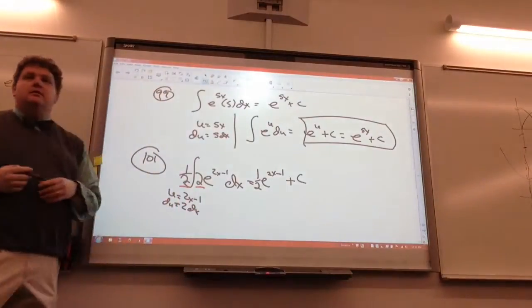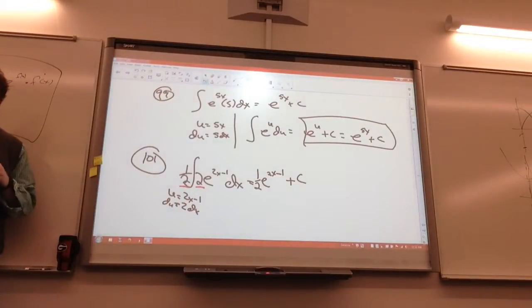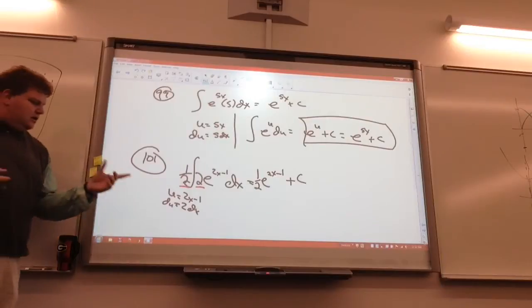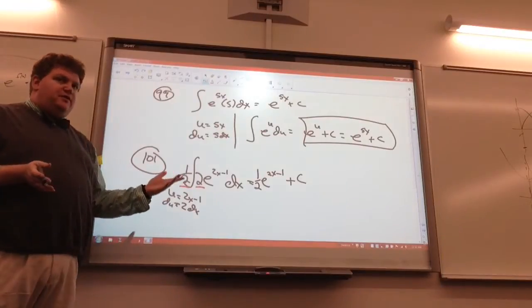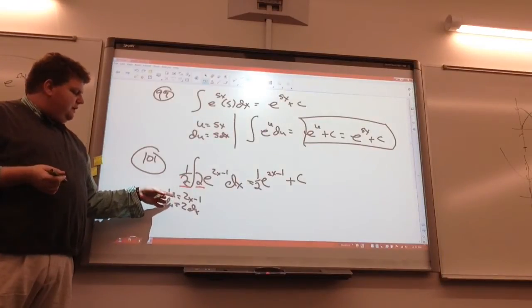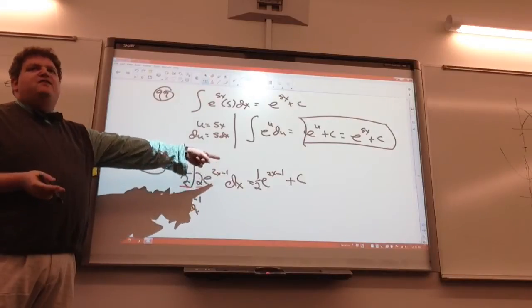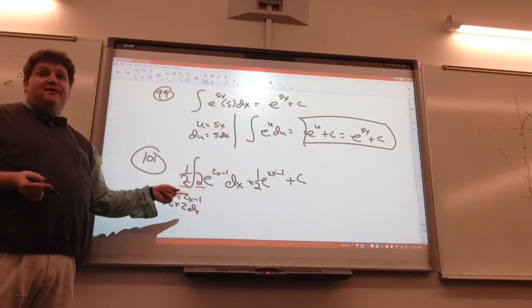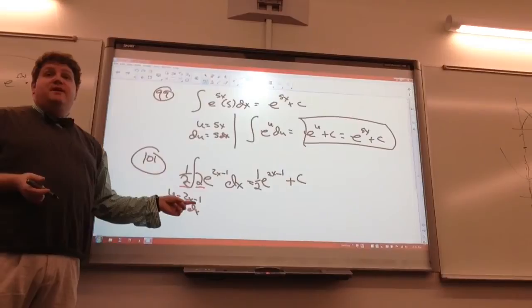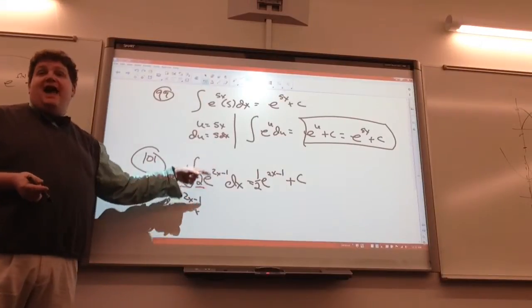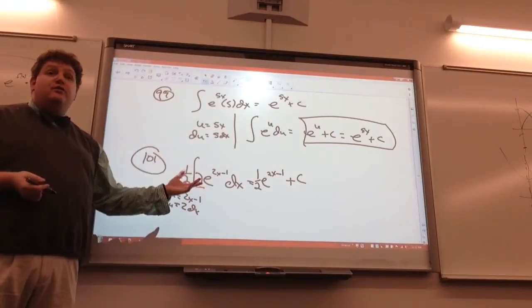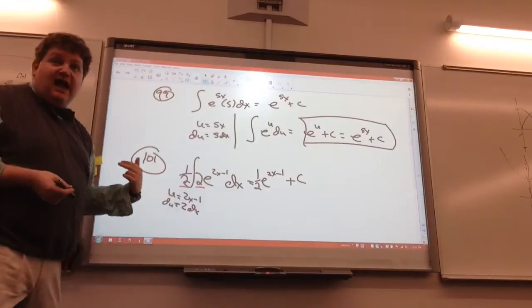So if you were to do it the u and du way, how would you do that? Basically, the proper way to do it with u substitution is you choose the thing with x to be u. That's why it's 2x minus 1. The derivative of u would become 2 dx. I don't have a 2 in there, so I put a 2 in there, but I also have to put the 1/2 on the outside.